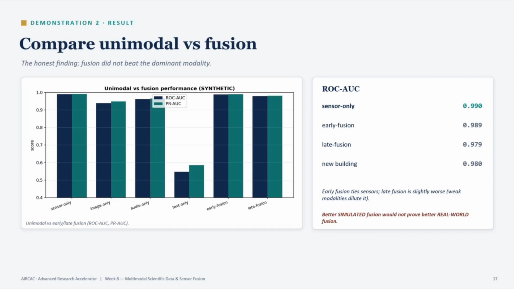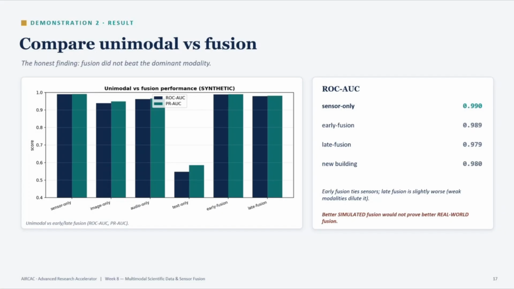So it is a model that concentrates heavily on the sensor modality. It is relatively robust to losing the weaker modalities, but much less reliable when losing the dominant sensor information.